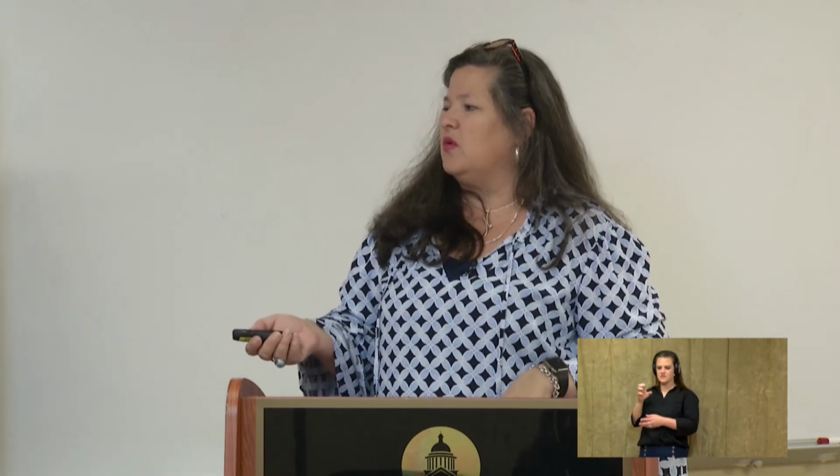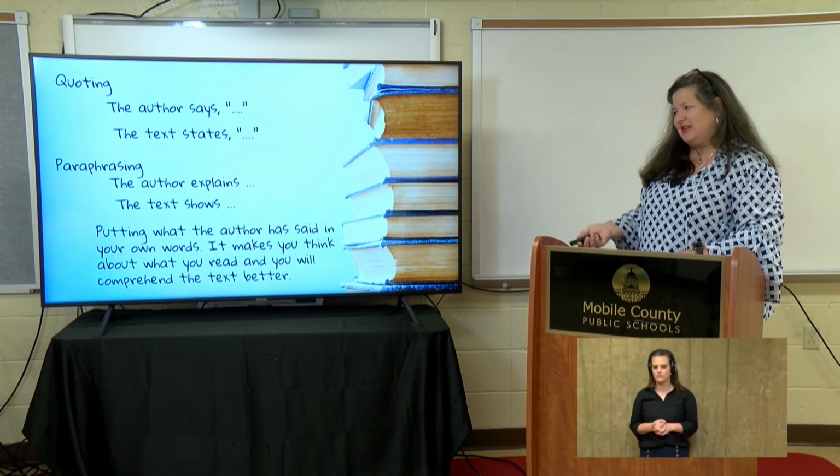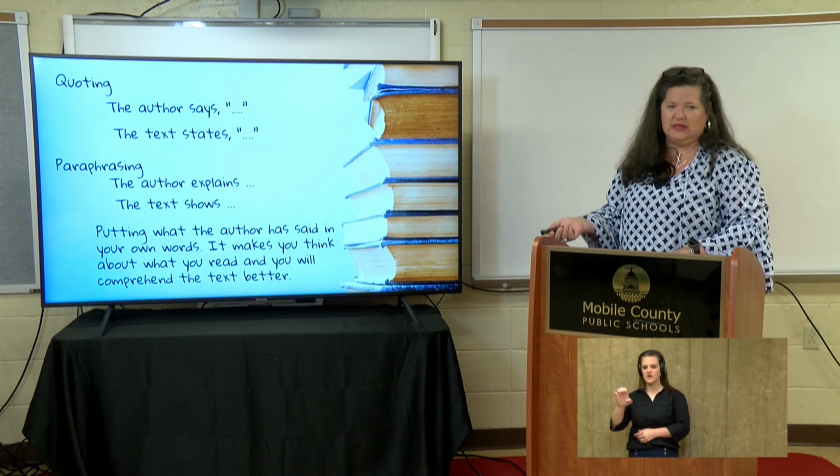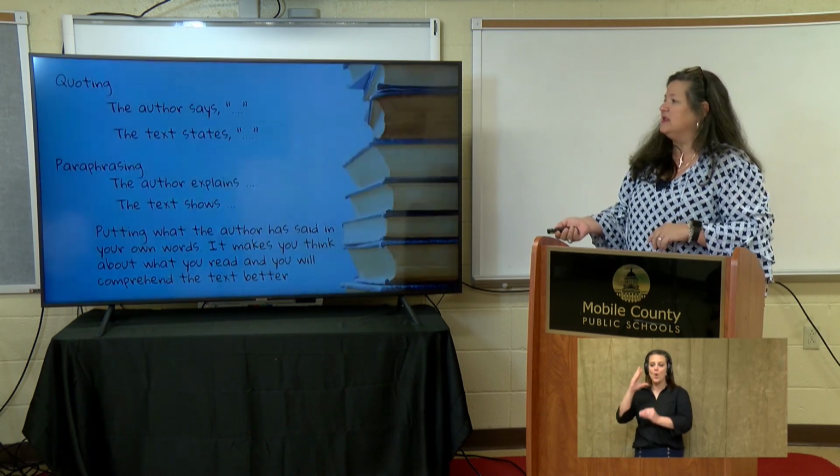Inferring that she had on red pants by knowing that her blouse matched her pants and that her blouse also matched the stripes in the flag, well, I'm going to infer that she has on red pants. That takes a little more. So quoting is easier. Paraphrasing, putting what the author has said in your own words, makes you think about what you read, and you will comprehend the text better. After you've had more experience, paraphrasing is good.